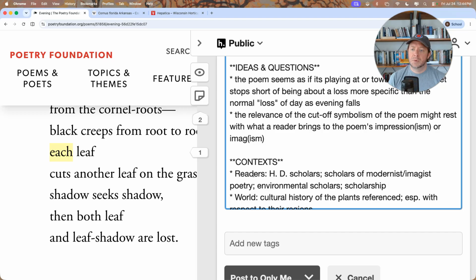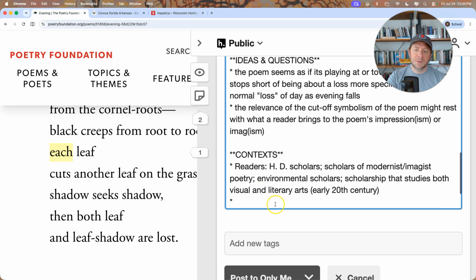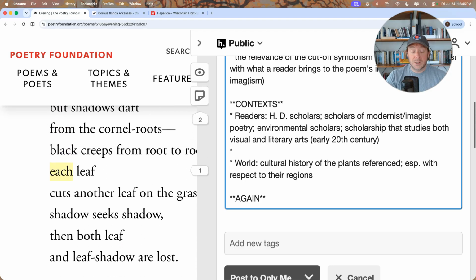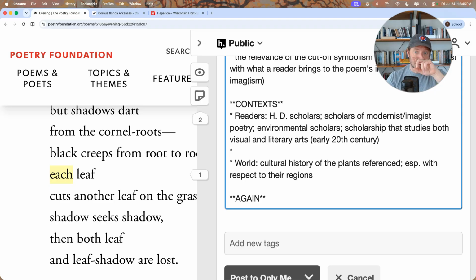Scholarship that studies both visual and literary arts of the early 20th century, because I think the relevance of visual art and what's going on with visual art is probably really important to thinking about the context under which HD is working, especially in 1912 as she's publishing her early work.